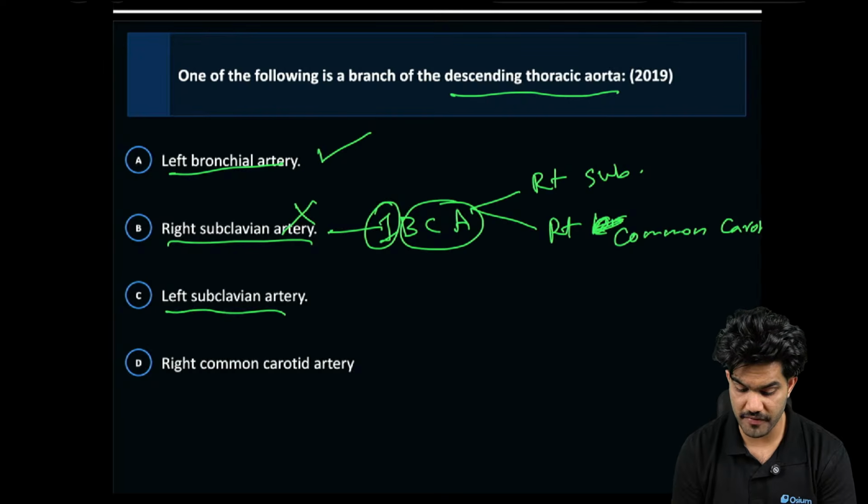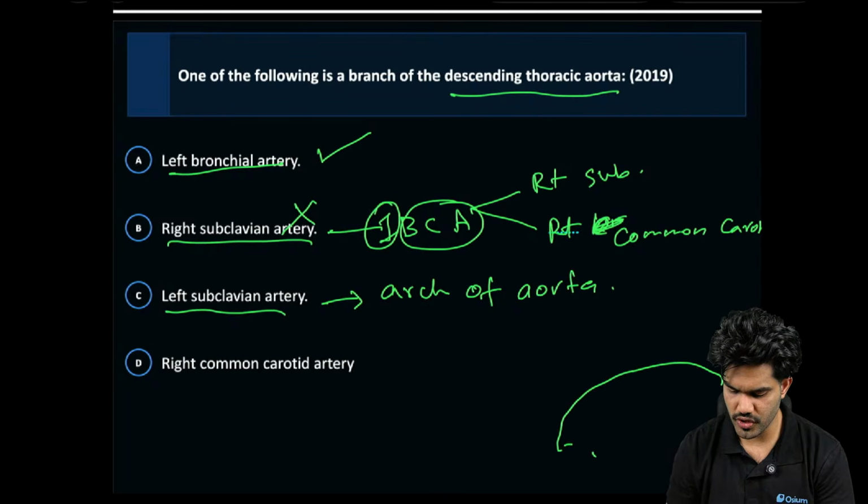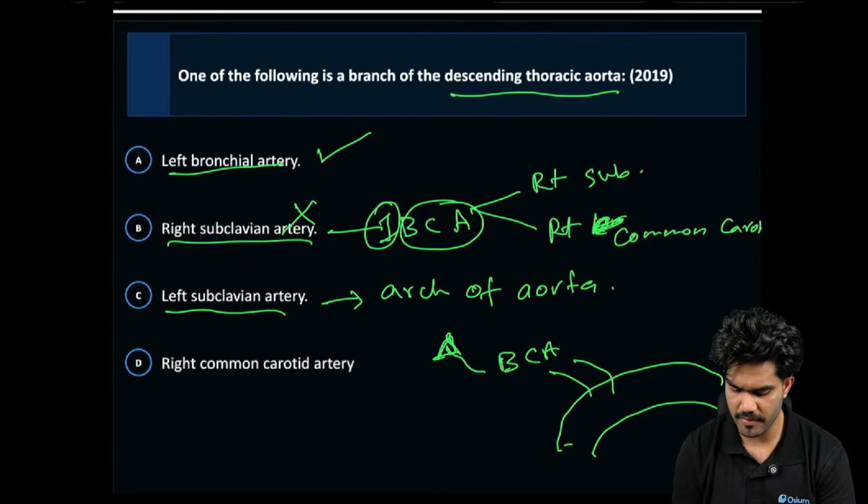Left subclavian from which? From arch of aorta directly. You know, right? Arch of aorta means first branch brachiocephalic artery. This will give common carotid to the up and subclavian to the upper limb.